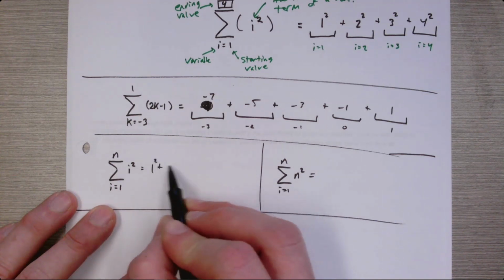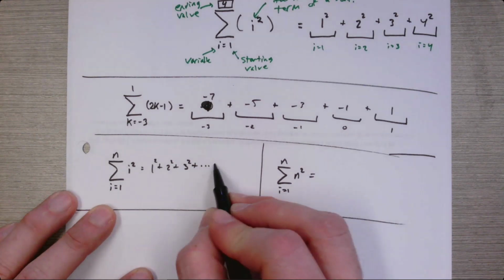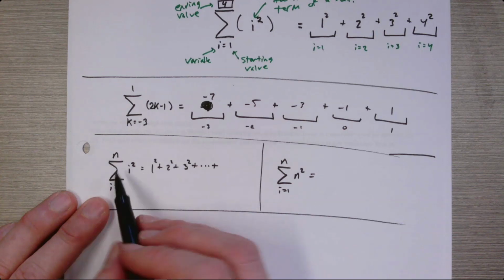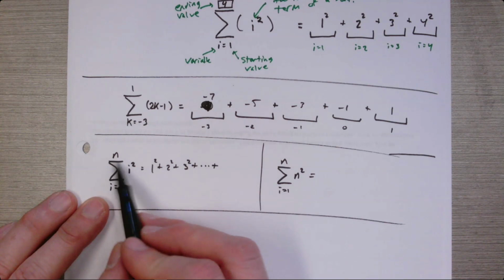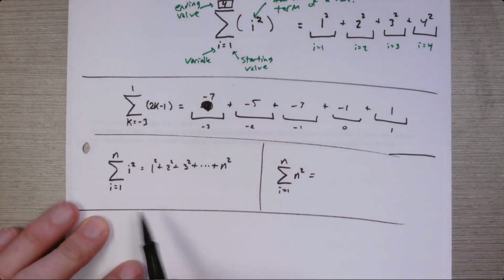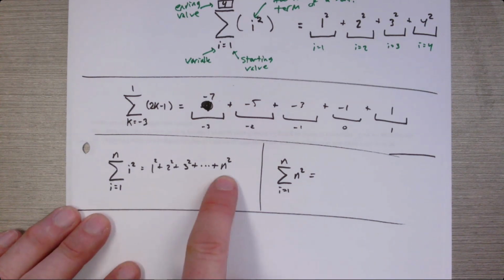So it'll be 1 squared, 2 squared, 3 squared, and so on, all the way up to the largest thing where I takes on the value n. Rather than having a number here where I'd plug it in for I, we'll just plug in n for I, and n squared is the last one. So this is a compact way of writing a general series. You're not going to specify the number of terms in advance necessarily.